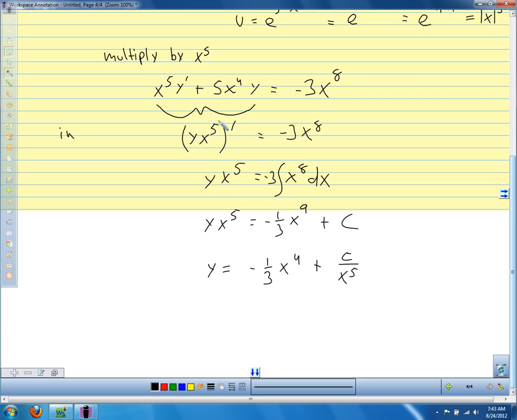So this method is the way I like to do it. I like to multiply through by the integrating factor and write this as a derivative of a product, rather than memorizing that formula. I don't care if you memorize the formula. I don't care if you write it on your note card. I just find this more satisfying. I understand a little more about what's going on.